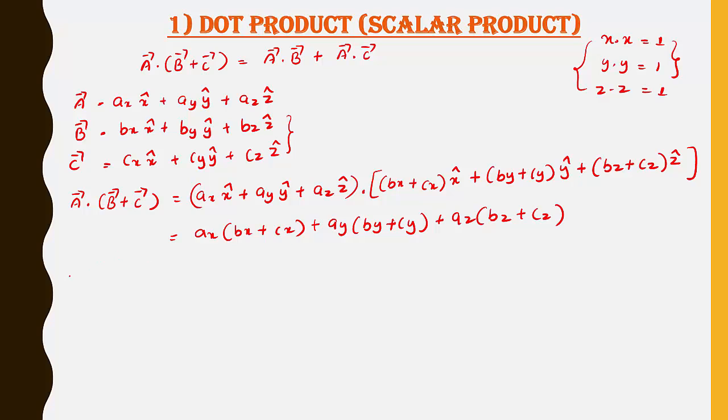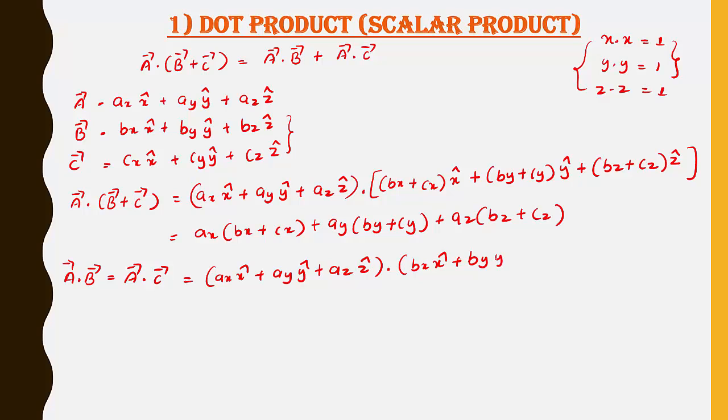Similarly, the RHS is given. Observe the equation: vector A dot vector B plus vector A dot vector C. Multiply these values here. Vector A is given as Ax x cap plus Ay y cap plus Az z cap. Vector A dot vector B, where B is Bx x cap plus By y cap plus Bz z cap.